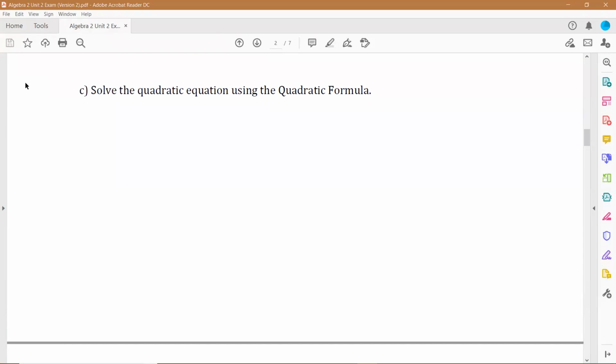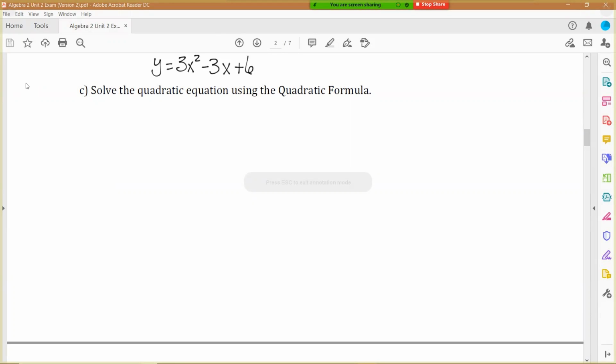For letter C, we're going to use that same quadratic equation in our quadratic formula. So we had y. So we have this equation right here.